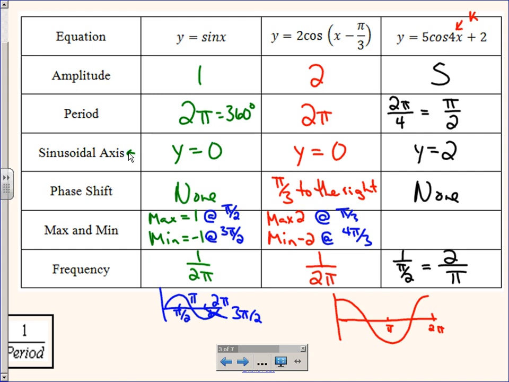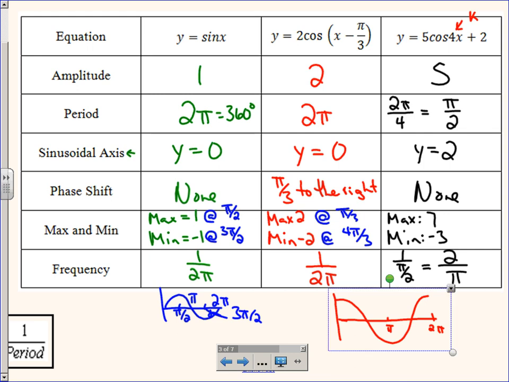The sinusoidal axis was at 2. The amplitude's 5. So the maximum would be 5 units above the 2, which would be 7, right? 2 plus 5 gives us the 7. To get the minimum, we're going the other way. We're starting at 2, and we can go 5 below that. So our minimum occurs at minus 3.